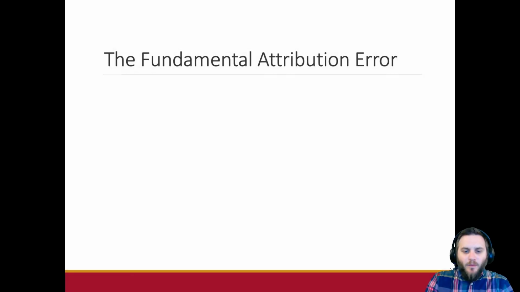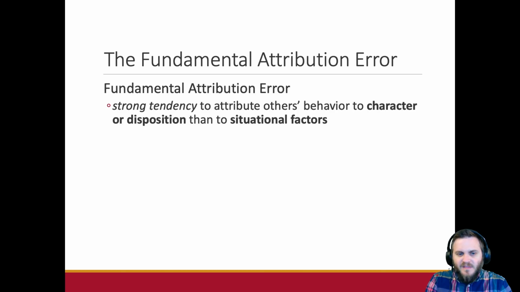So let's talk about when the attribution process does go wrong. And let's talk about the fundamental attribution error, FAE. This is the strong tendency to attribute other people's behavior to character or disposition, so internal causes, rather than to situational factors, external causes.